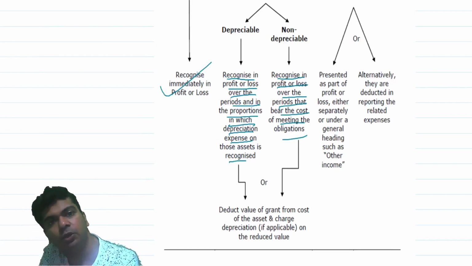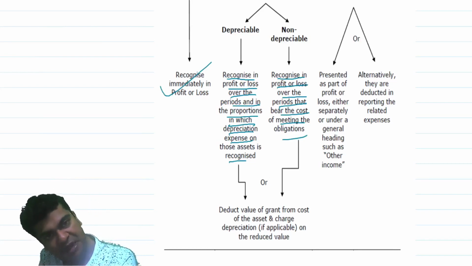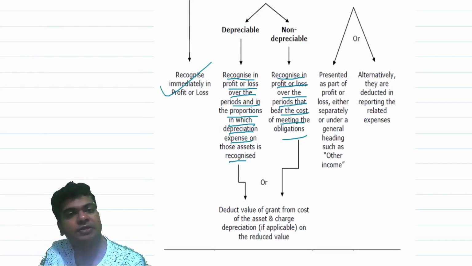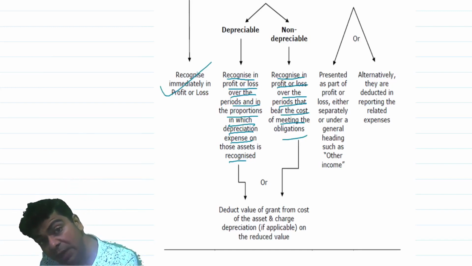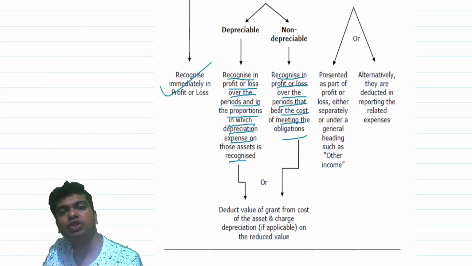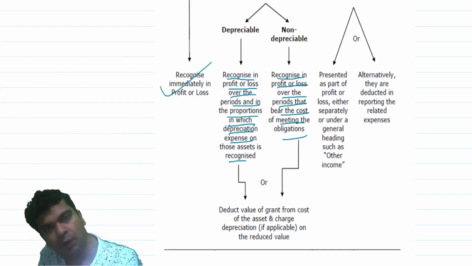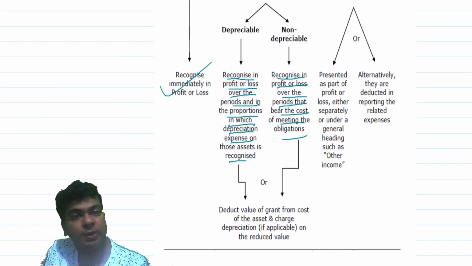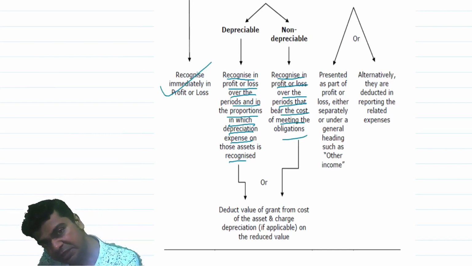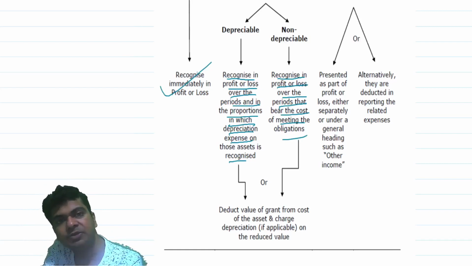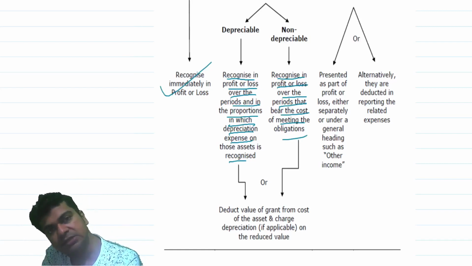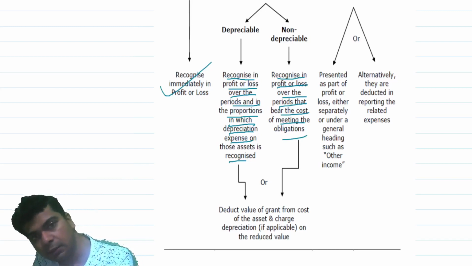We are leaving it to the management of the company. Find out that if you are receiving this kind of a government grant, for how many years are you going to enjoy this particular benefit? If you come to the conclusion, I will enjoy this benefit for 5 years, then over the next 5 years, develop some systematic base and recognize the government grant in your P&L.